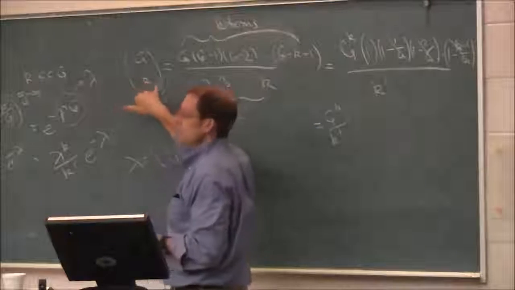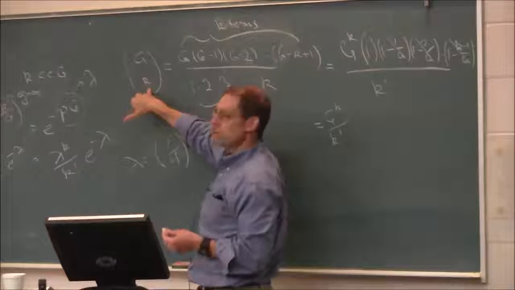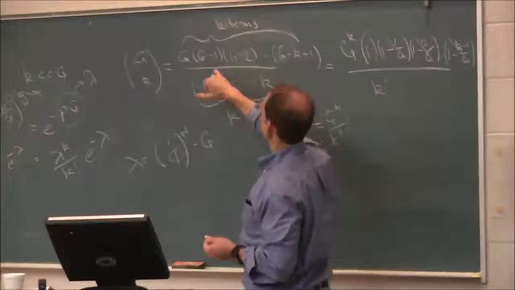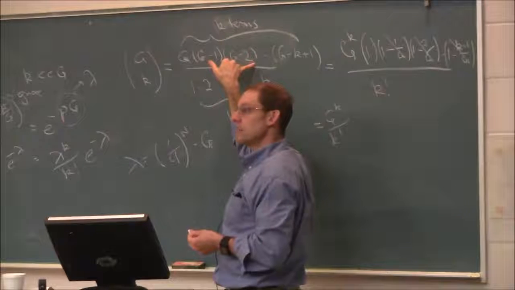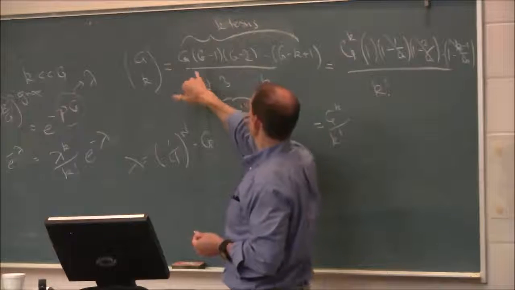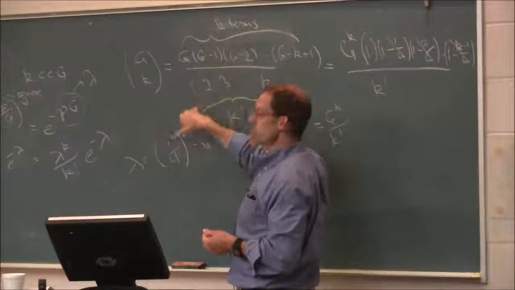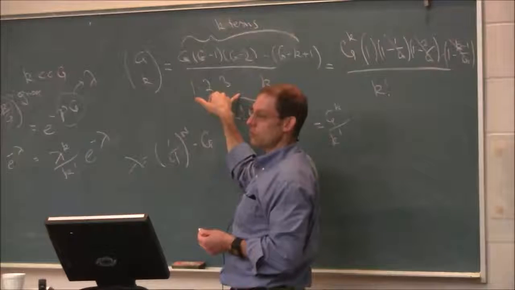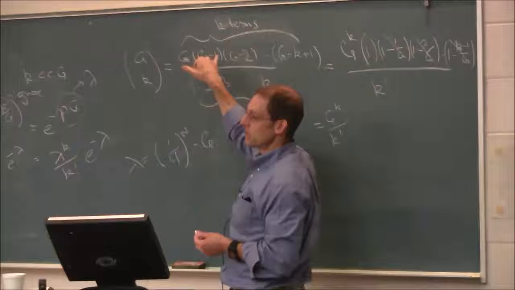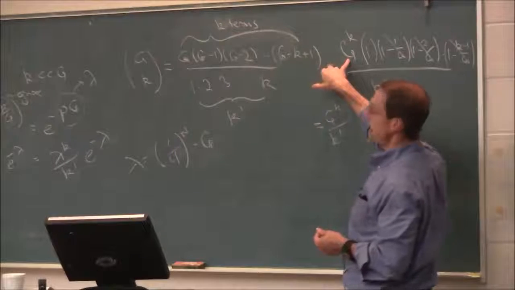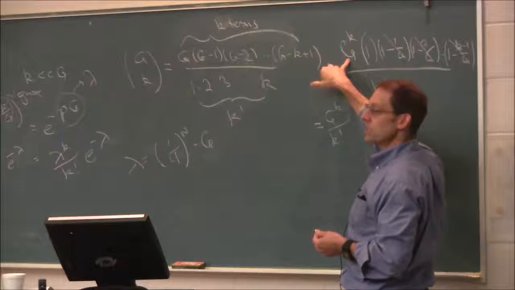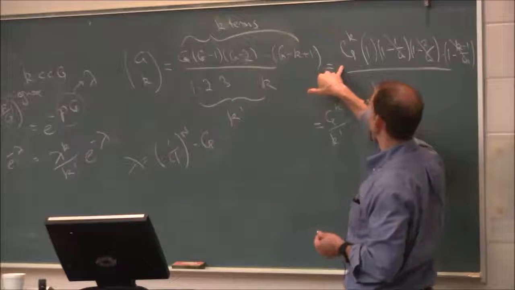So when the top number is much, much bigger than the bottom number, we're going to factor that big top number out of each of these terms. And there are k terms because it's choose k, so we have a k factorial on the bottom, and we know we've got one on the top for every one on the bottom. So we factor out that factor of g from each of them, so that's k powers of g.